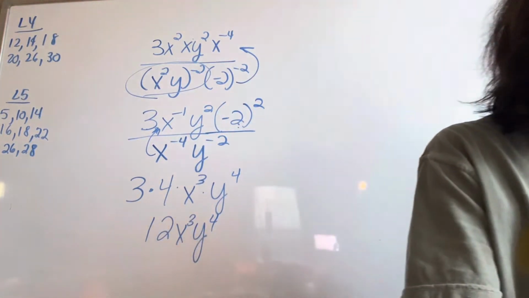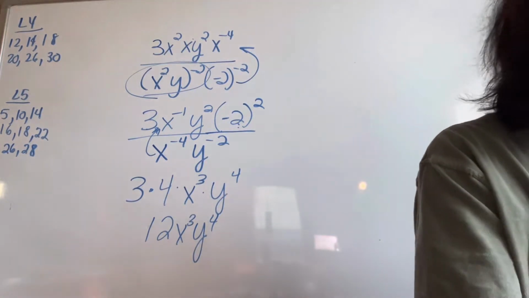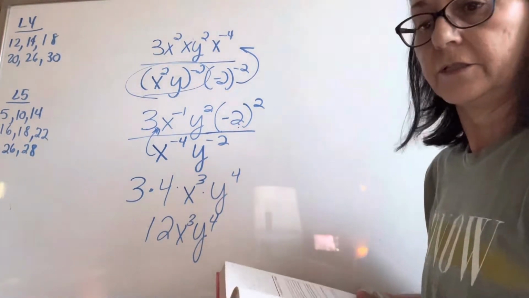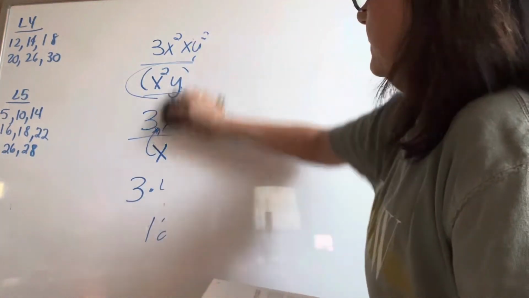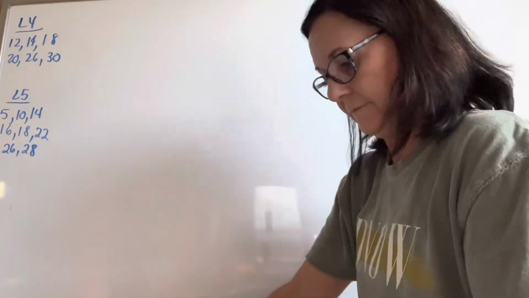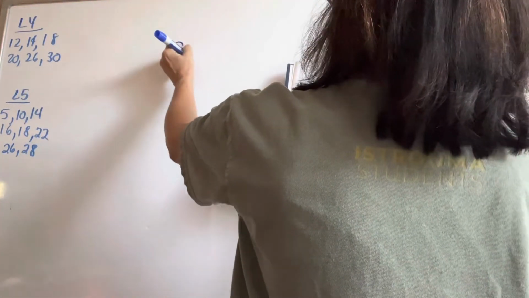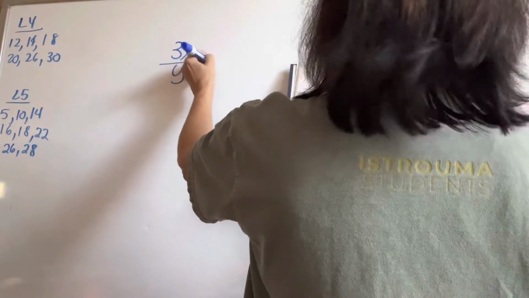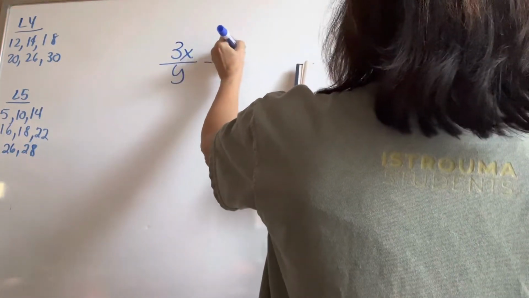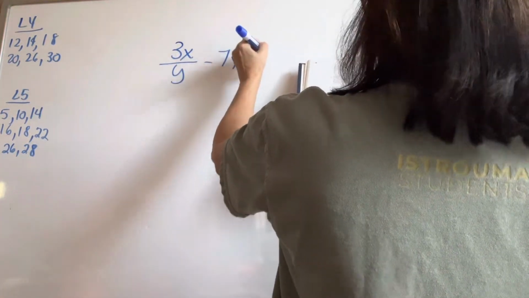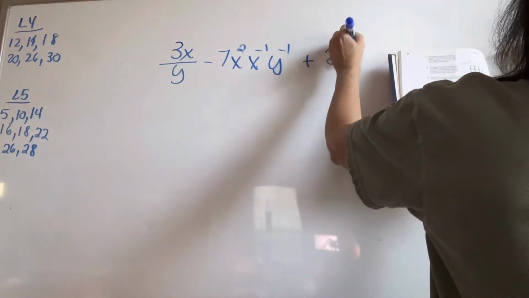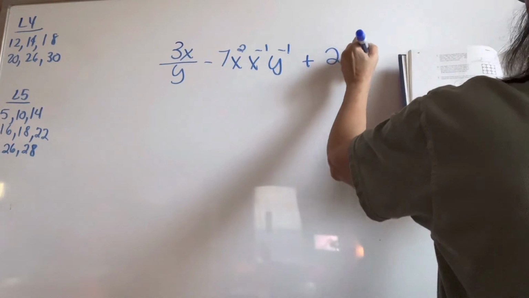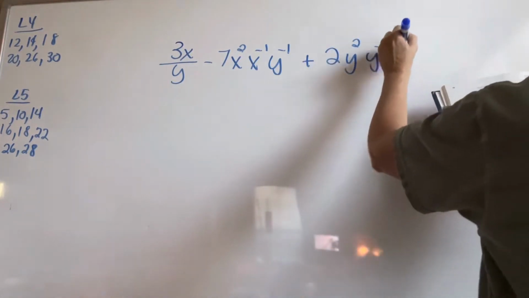Number 20 is next. And we're going to simplify by adding like terms. So it's 3x over y minus 7 x squared, x to the negative 1, y to the negative 1, plus 2 y squared, y to the negative 1, x to the negative 1.